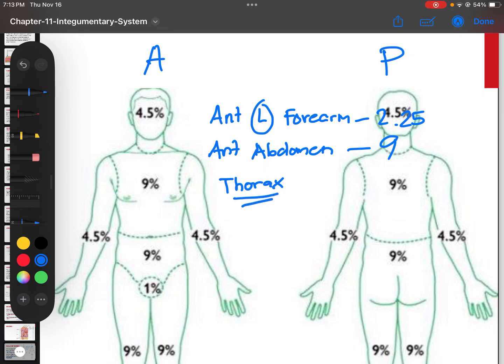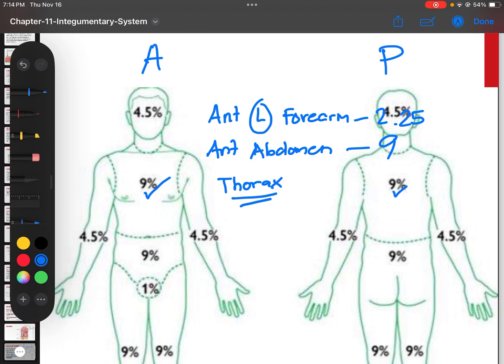Now, class, I did not mention if it is either anterior or posterior. So we have to assume that it is both. Since it is both, class, we have to include both the anterior thorax and the posterior thorax. 9 plus 9 is equals to 18. Now, class, we need to add it up now.